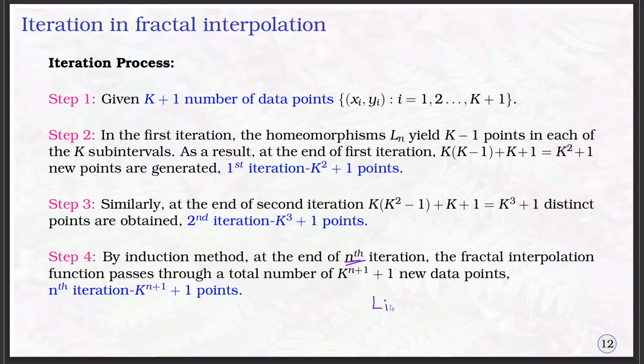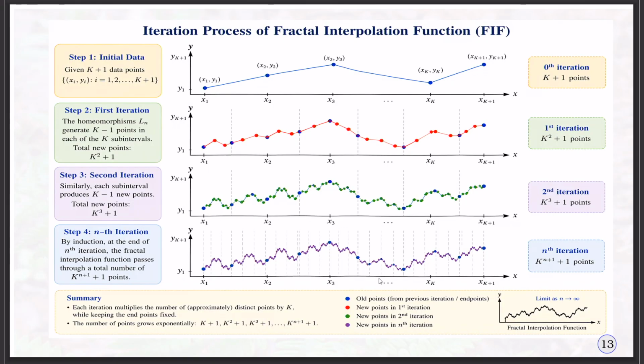Whenever Li generates one new point, the corresponding Fi generates the same number of points. So the same number of points will be generated in the y axis, and we can calculate only in the Li direction. After the nth iteration, k power n plus 1 new data points will be generated. Now this will be explained through this figure.